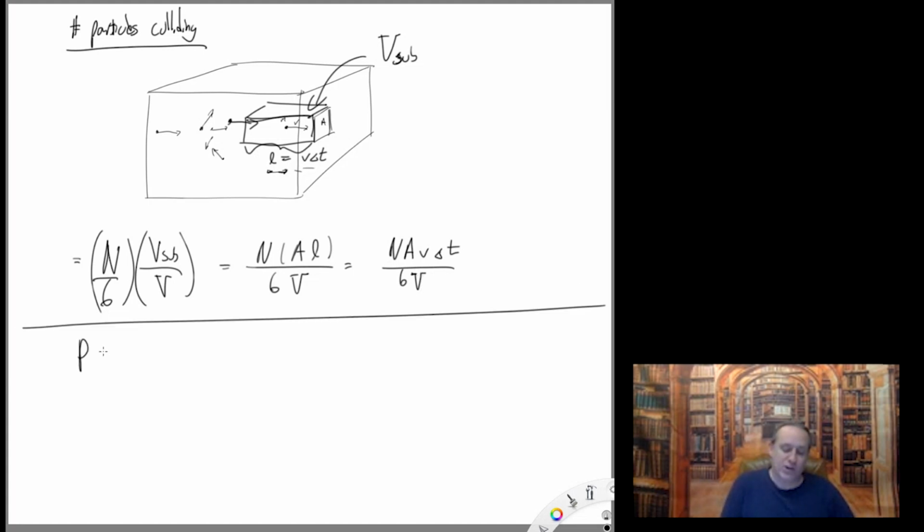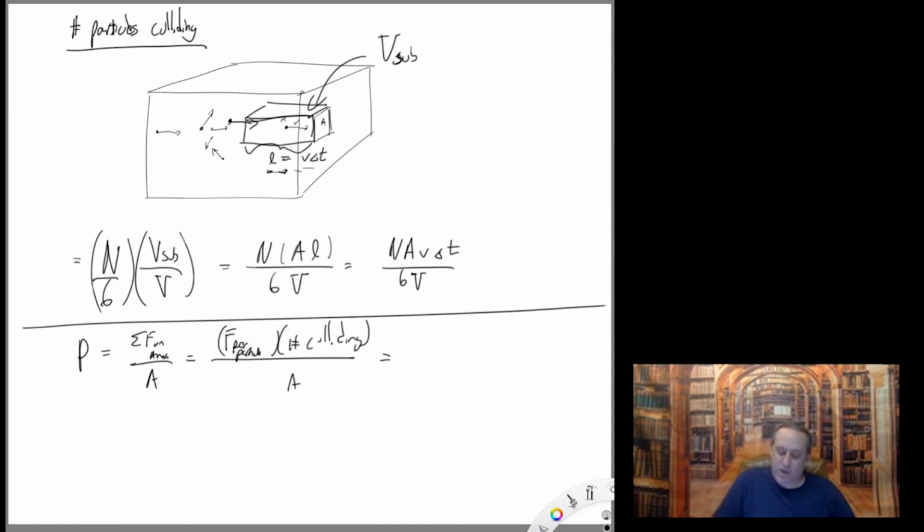So the pressure is going to be the net force on the area over the area. And the net force is the force per particle times the number colliding.